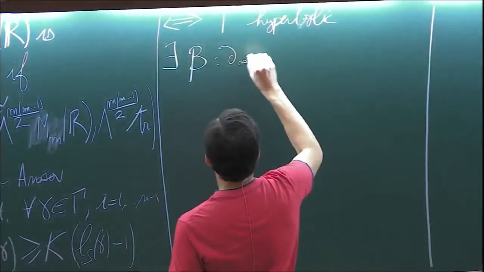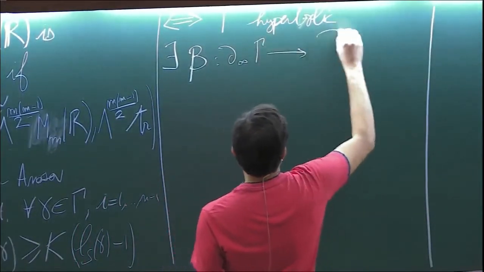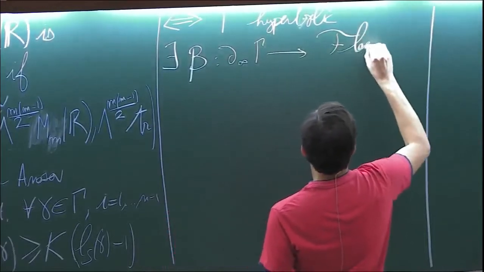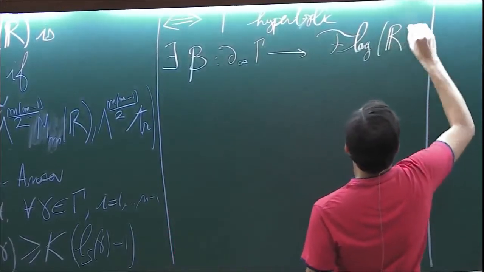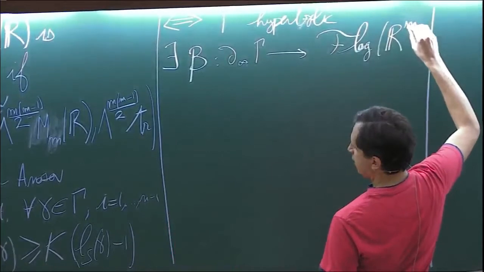And there exists a map beta from the boundary of the group to the space of complete flags of dimension m.